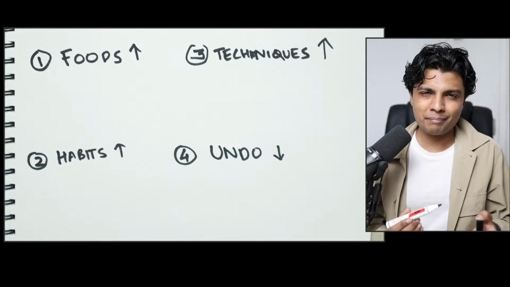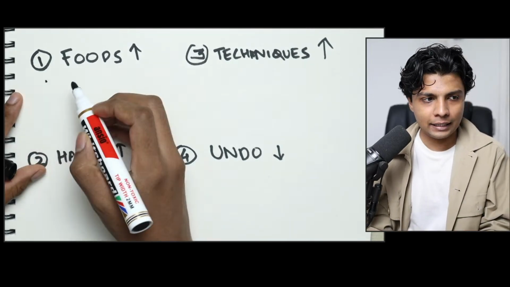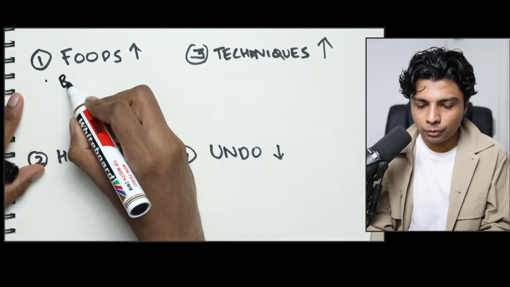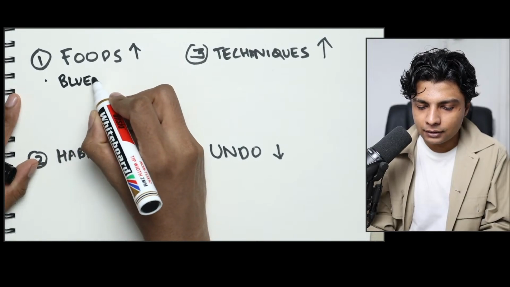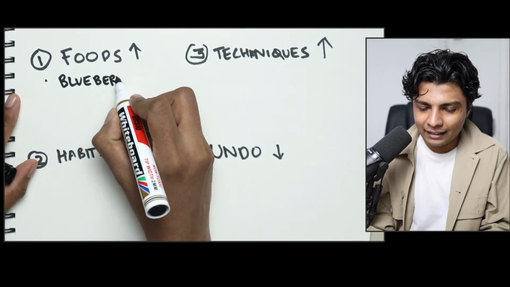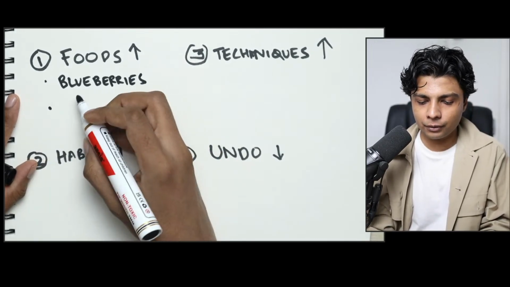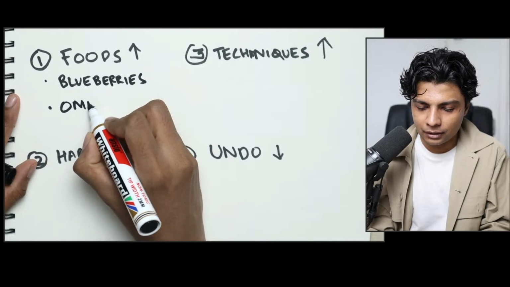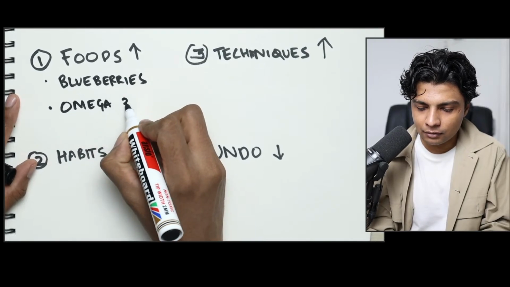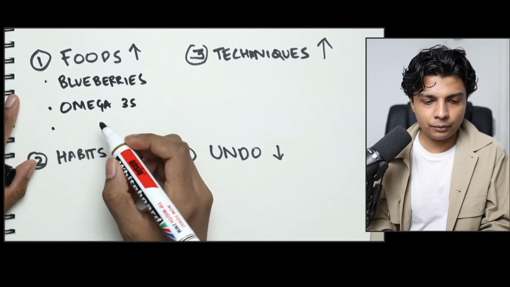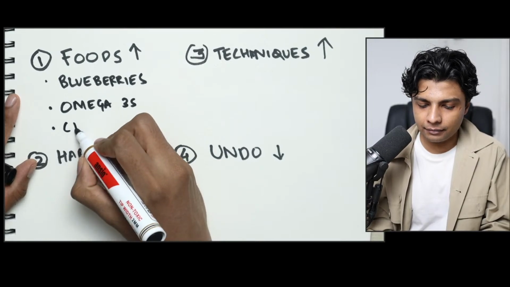In my opinion, these are the 3 things you need to know. The first one is blueberries, and actually strawberries as well, but I'm just going to mention blueberries. The second one is omega-3s. And the third is creatine.